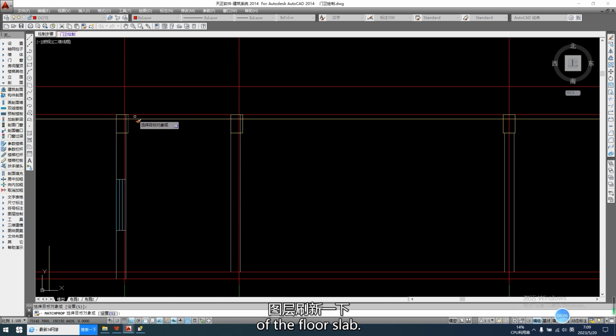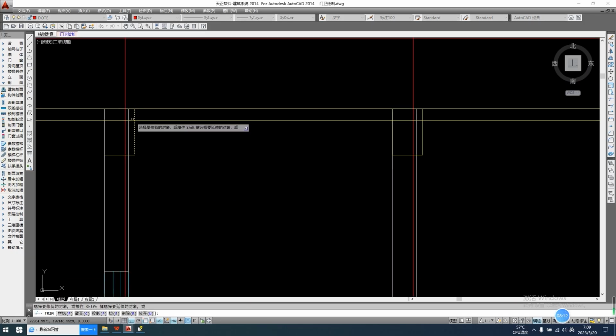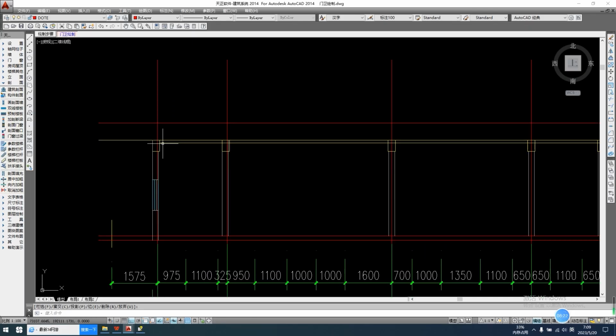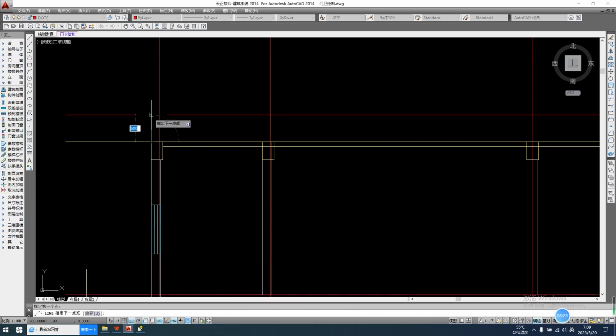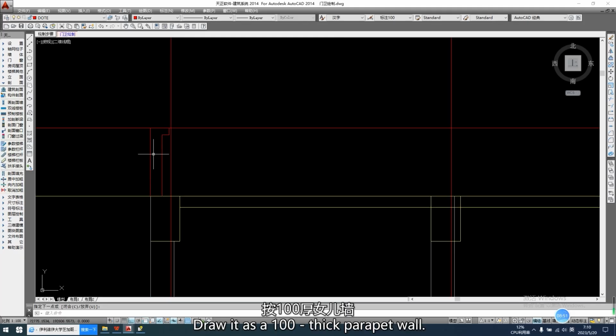Let's refresh the layer of the floor slab. The reinforced concrete parapet wall can be drawn first. Draw it as a 100 thick parapet wall.